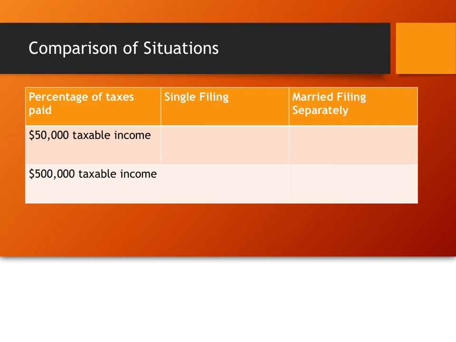And also the percentage that we paid, we can take a look at that. As far as percentages go, again, it doesn't matter if we're single or married filing separately at $50,000: we have 16.71% in both places.